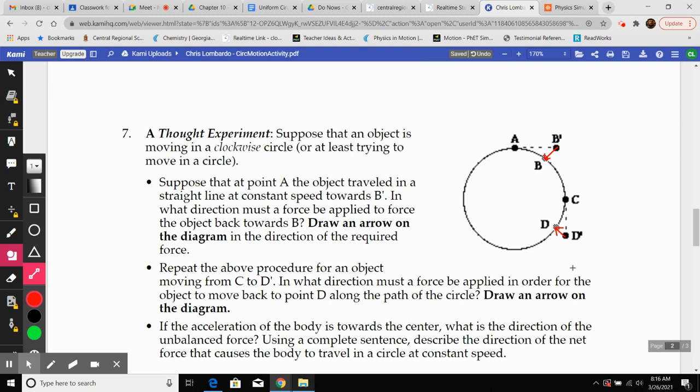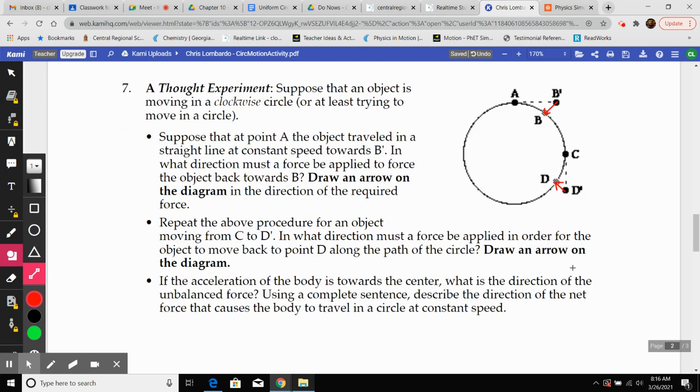So our forces are directed inward. So then they finally ask, if the acceleration is towards the center, so I'm just going to add myself a little plus sign here.